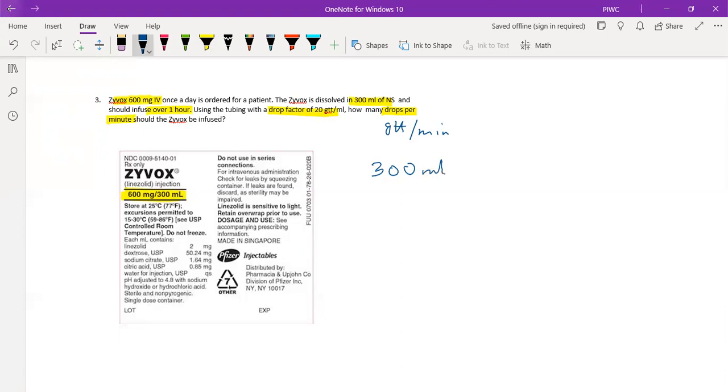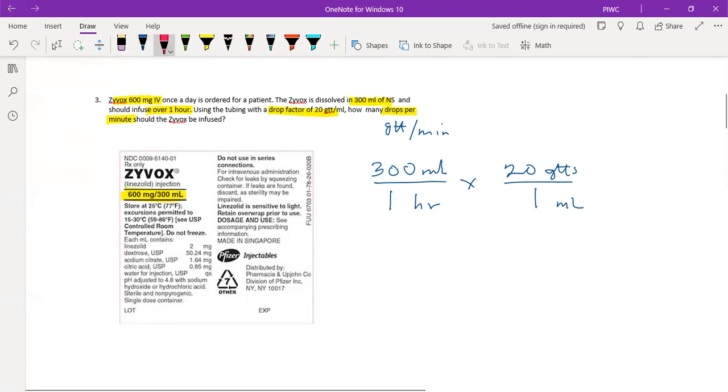You take the 300 ml, and that is given over an hour, so per hour. That's the rate that has been ordered: 300 ml in 1 hour. Then you know your drop factor, which is 20 GTT, drops per ml. Since we want to end up with drops per minute, GTT has to be in the numerator. So 20 GTT has to be here per 1 ml.